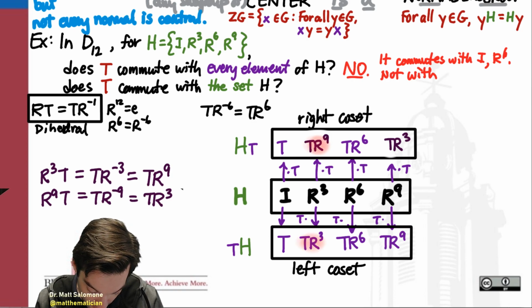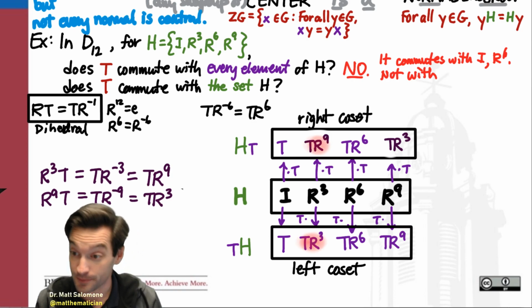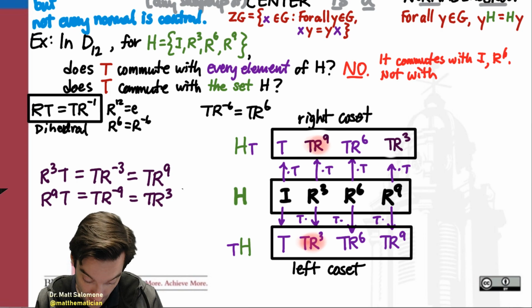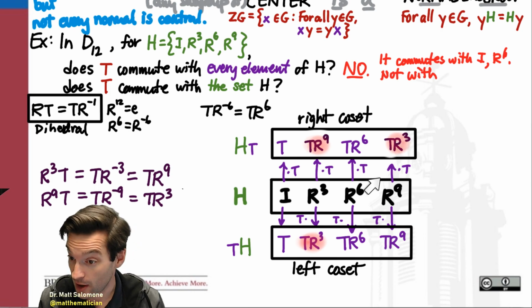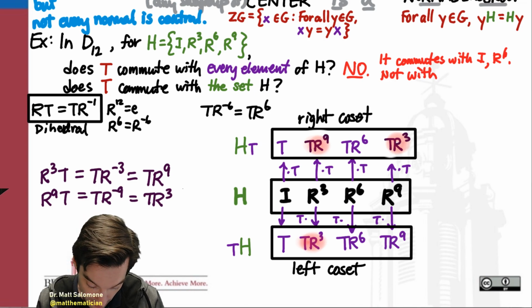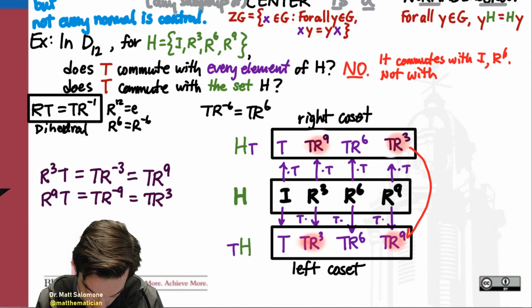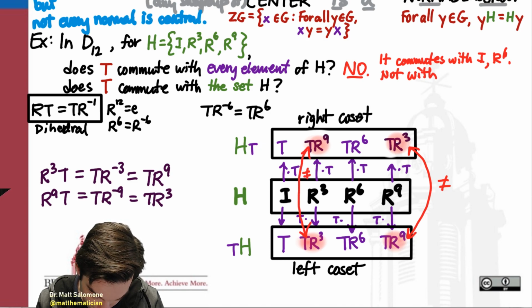T R to the 9th is not the same thing as T R to the 3rd, and therefore T does not commute with the 3rd power of R. Same thing with the 9th power of R. T doesn't commute with the 9th power of R, because R to the 9th times T is T R cubed, whereas T times R to the 9th is T R to the 9th. Since those are not equal to one another, T doesn't commute with R to the 9th, and since these aren't equal to each other, T doesn't commute with R to the 3rd.